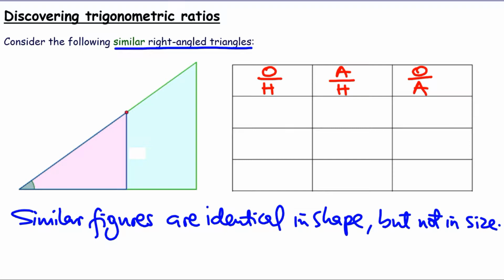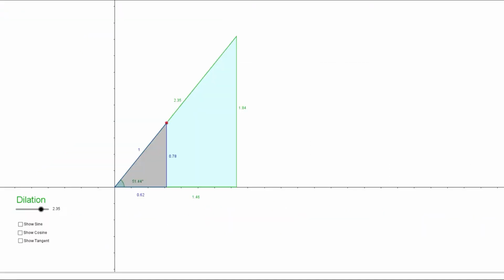And I'm going to use this graphing package here. This graphing package actually gives us similar triangles. As you can see, these triangles are similar.